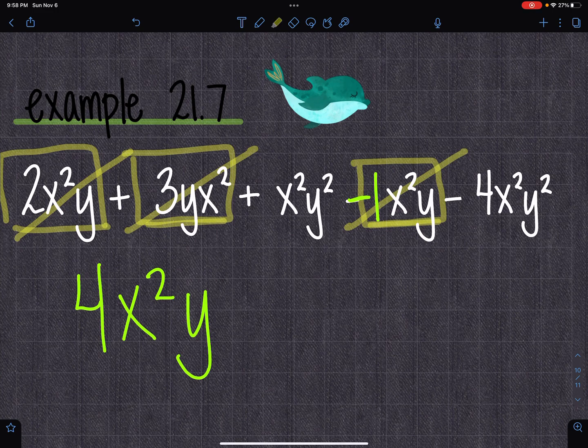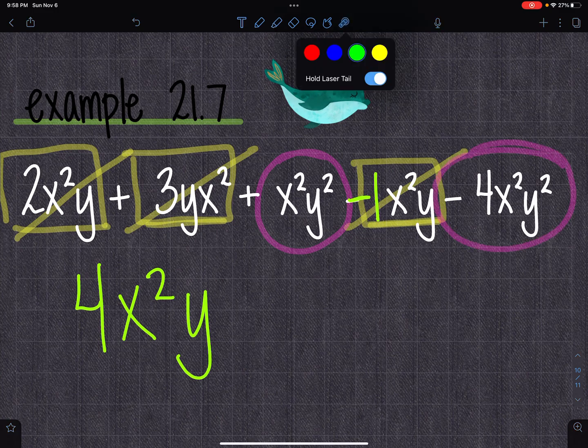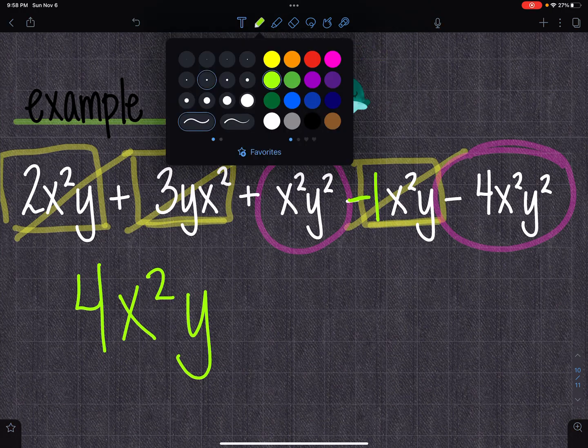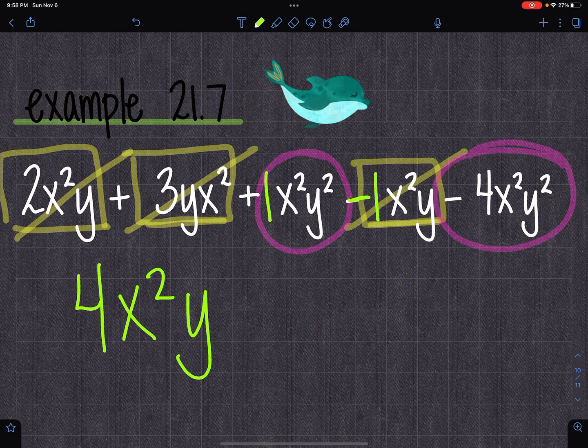Now, what do I have left? I've got this x squared y squared, and I have another x squared y squared. This first one doesn't have a coefficient, so let's give that little guy a coefficient of 1. Okay, that makes me feel better. All right, so let's see. For my answer, I would put plus, and I'm going to leave a blank for the coefficient because I don't know what it is.